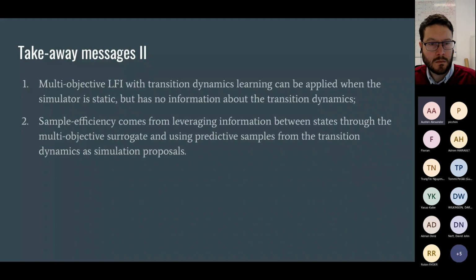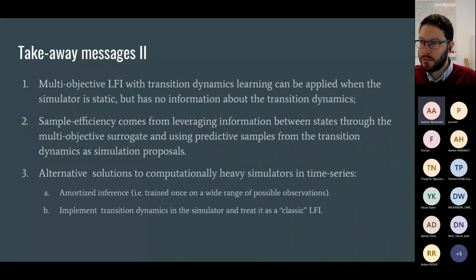And the sample efficiency of this approach comes from leveraging information between states through the multi-objective surrogate, and also from using predictive samples from the transition dynamics to generate simulation proposals.